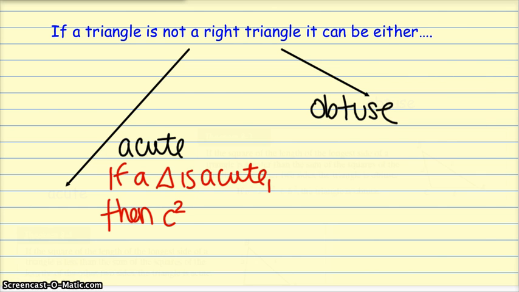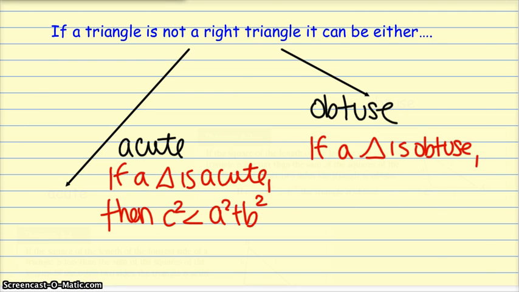C squared every time was less than A squared plus B squared. So you can't necessarily tell whether it's a 30-degree angle or a 45-degree angle. All you know is that it's not a 90-degree angle. And then for obtuse, C squared, every single time you did that, it was larger than the other two.